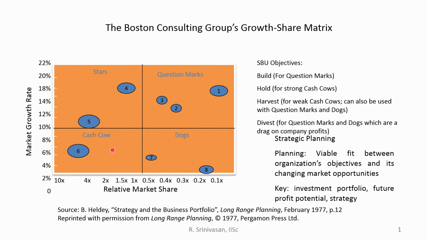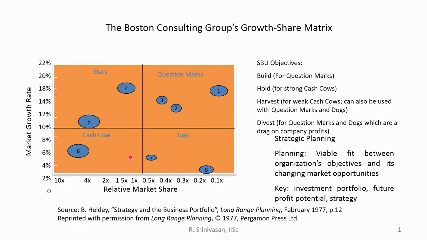One is to harvest that cash cow, that is, to get the maximum possible returns from it, or to get a salvage value from that particular cash cow, because you know that it is moving towards dogs. Before it moves towards dogs, when it is in the cash cow stage, it may fetch you a higher return than when it moves towards dogs.